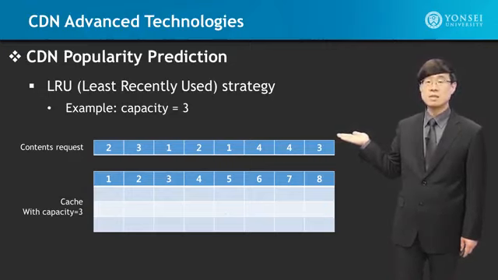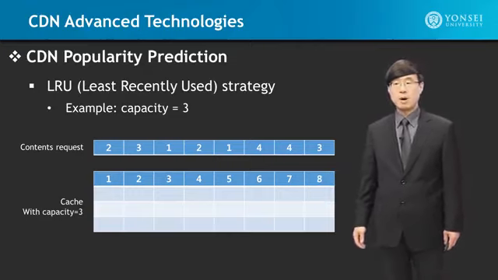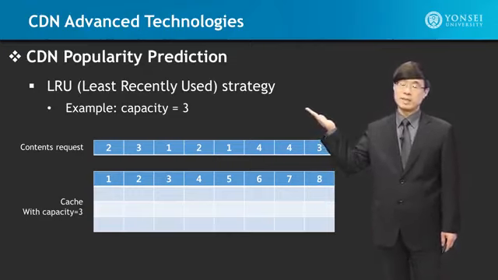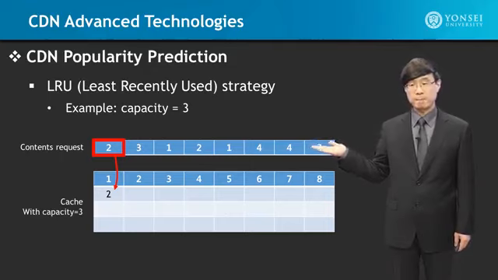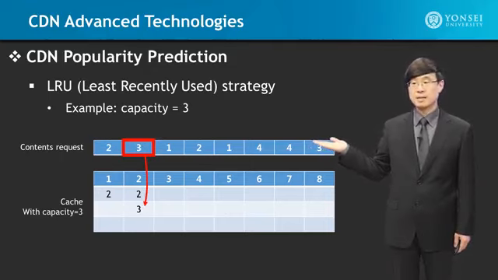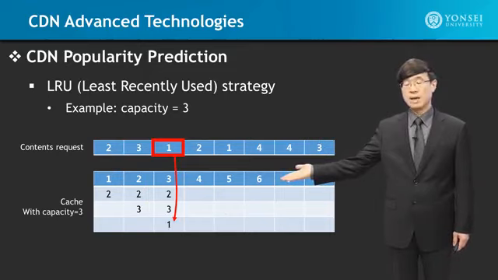This is the sequence that the requests are made. And you will see that this has a priority in the cache based upon which one was most recently used. Now, content 2 is requested in step 1, so we record that. Content 3 is used next, so therefore it is recorded as well. Content 1 has been requested, so content 1 was delivered.